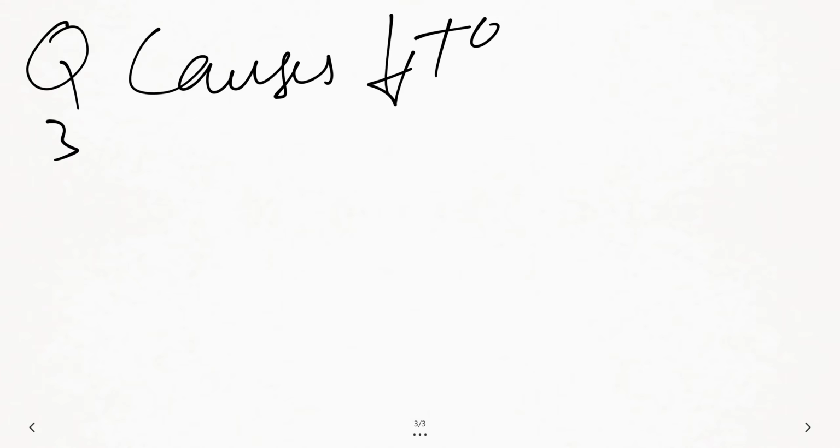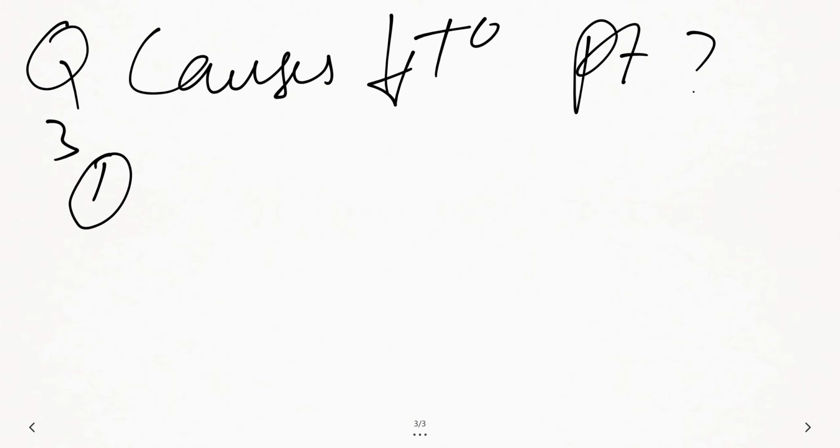The third question here, they are going to ask you what are the causes of hypothermia in this specific patient in the scenario, okay? Fine. So, first of all, number one, this patient lost a lot of blood, so he will be in shock, right?